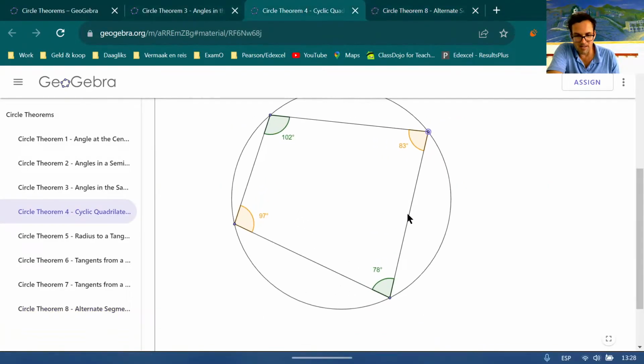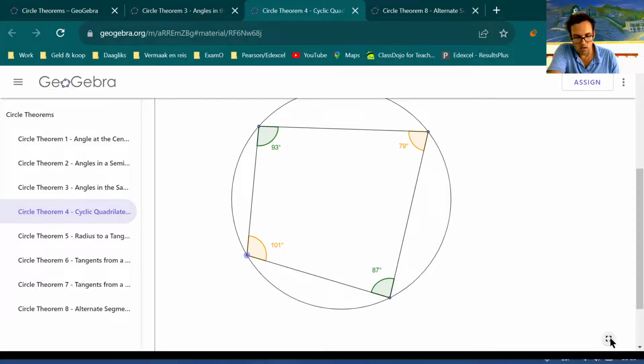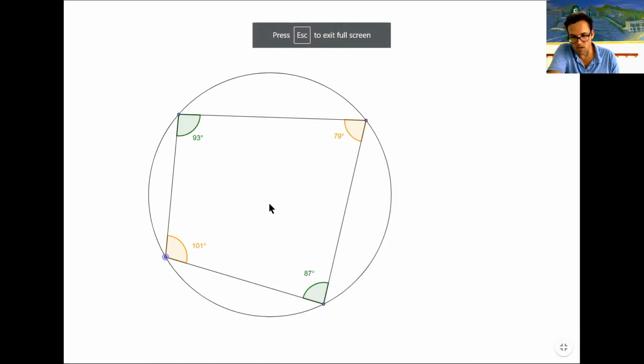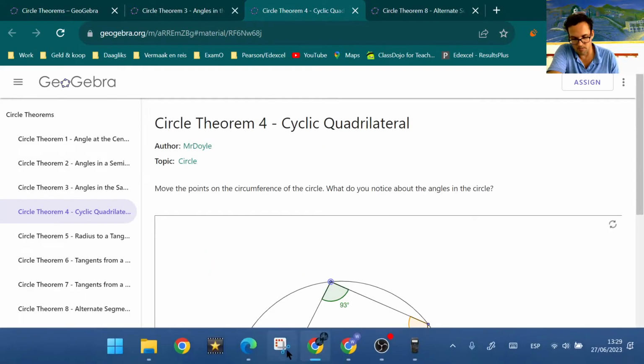We know that in a cyclic quadrilateral, with all the corners on the circumference of a circle, opposite angles are 180. You see that 101 and 79, 180. 87 plus 93, 180. If we change it, yeah, opposite angles in a cyclic quadrilateral always add up to 180.